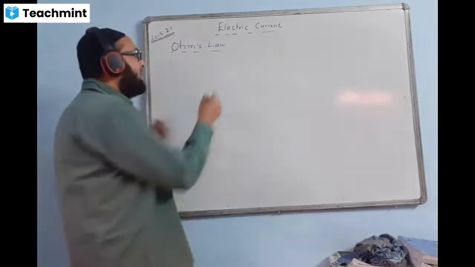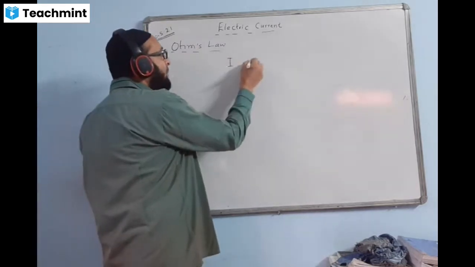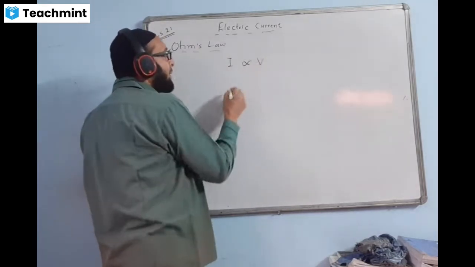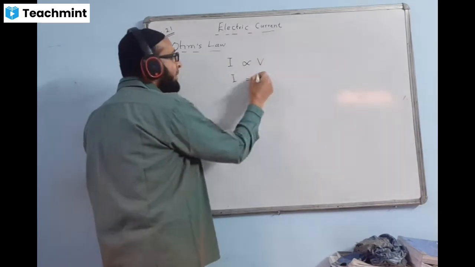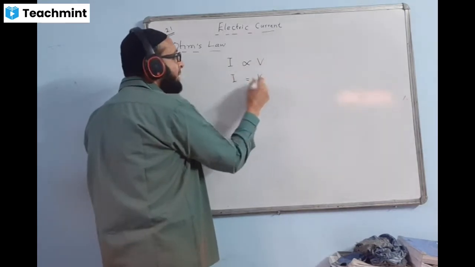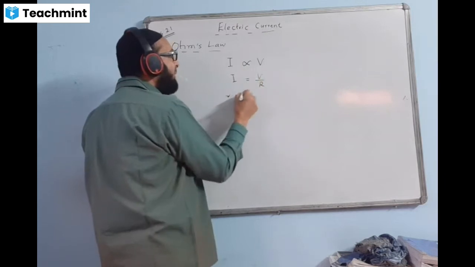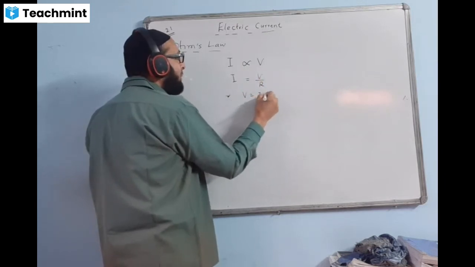That means Ohm's law tells us that I is proportional to V. Then we replace this sign by an equal sign by multiplying by a constant. The constant we multiply is 1 by R. Therefore, we get the formula V equal to IR. This is the formula.